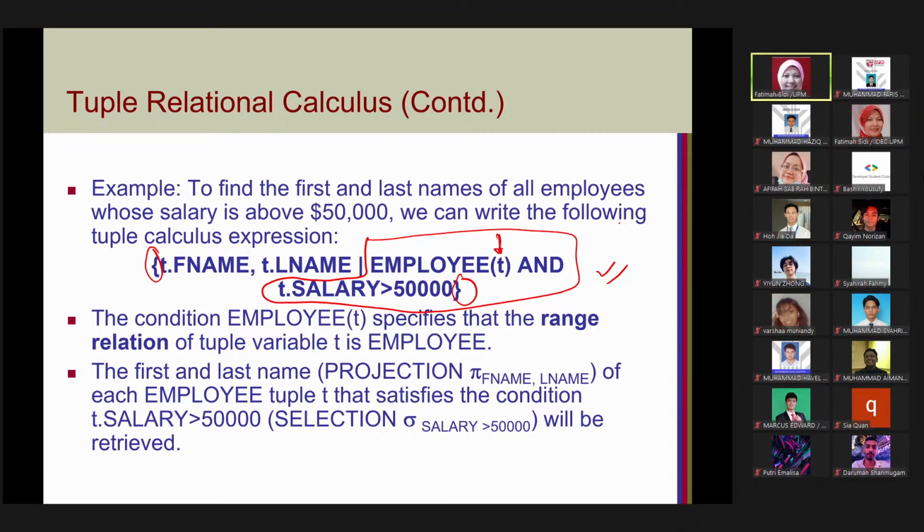The condition Employee(T) specifies the range relation of the tuple variable T. The variable T ranges over Employee. The relation is Employee.